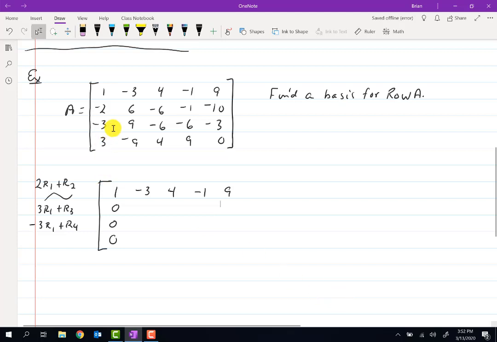So let's see what we have going on here. 2 times negative 3 is negative 6. 2 times 4 is 8. So minus 6 will be a 2. 2 times negative 1 will be negative 2, and negative 1 will be negative 3 there. And then 2 times 9 is 18, minus 10 gives us an 8. And now 3R1 plus R3 will zero out this entry right here.